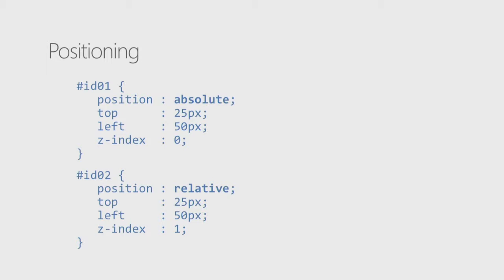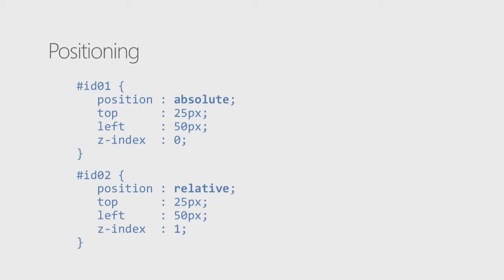Whether it's a div or whatever the case is, we know it has an ID of ID01. Then we're specifying that it's absolute in position. When we don't supply any kind of positioning whatsoever, the default behavior is that however we put that markup on the page, it just flows in that natural direction.